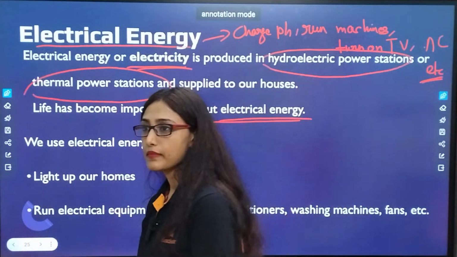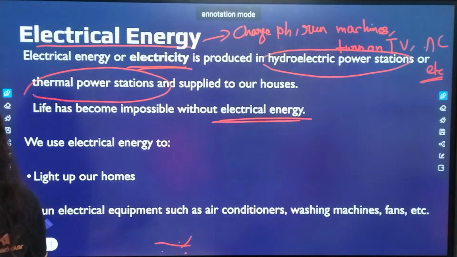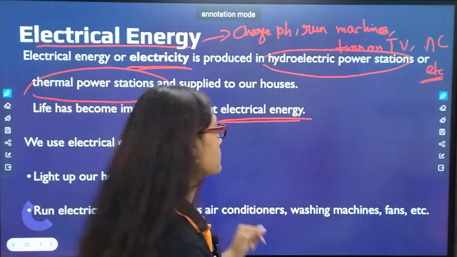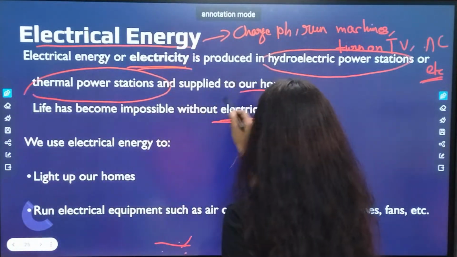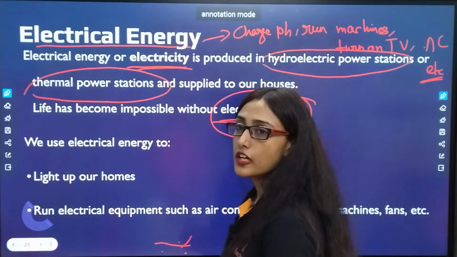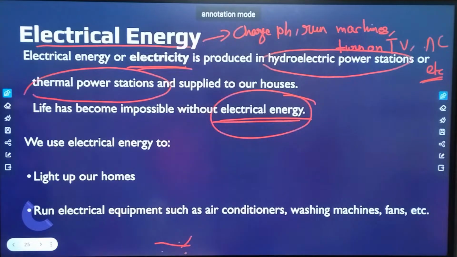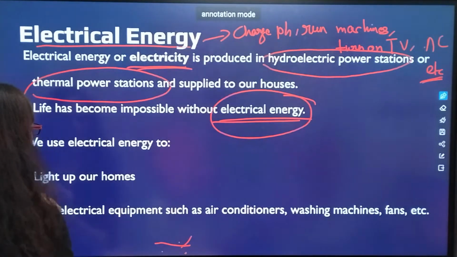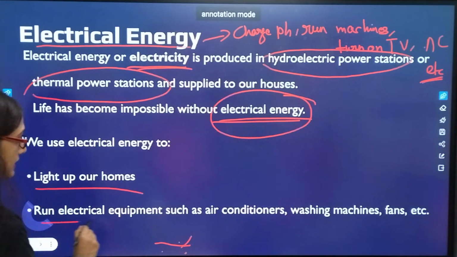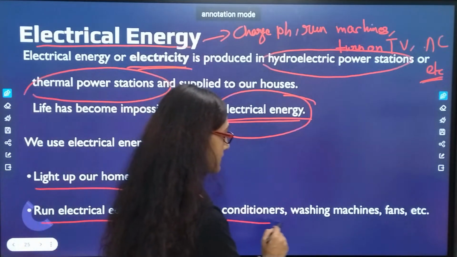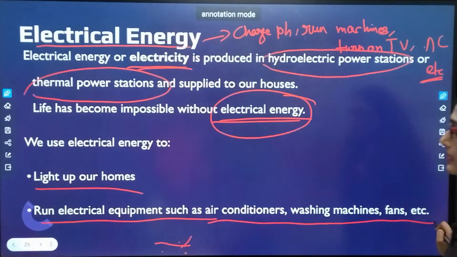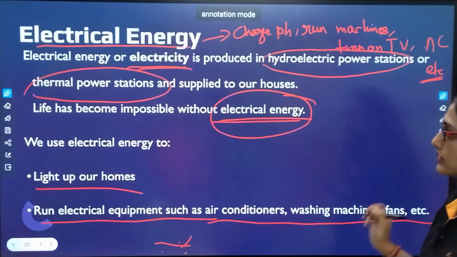Even during daytime, nighttime, everything works on electricity. So we are fully dependent on electric energy to run any kind of equipment in our house. We use electric energy to light up our homes and run electrical equipment such as AC, washing machine, fan, etc. I have told you this.